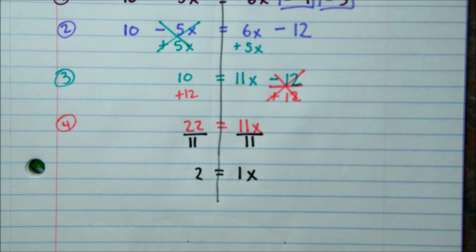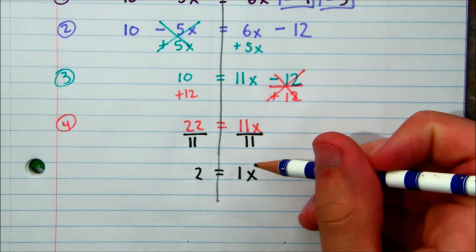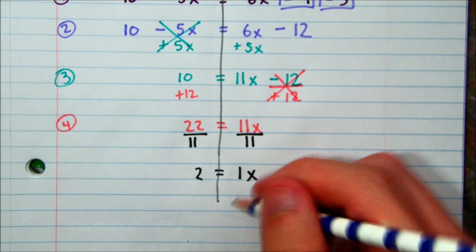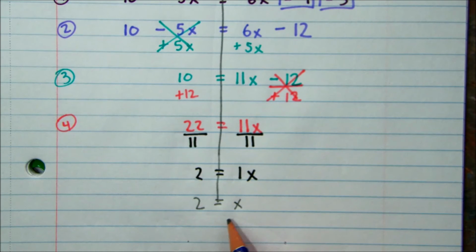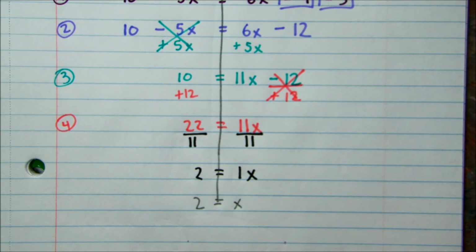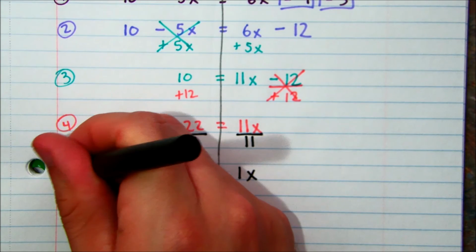Now this 1 isn't necessary to write. Like I said before, we have an understood 1. So I can just write it as x equals 2. And plus, if I wanted to divide by 1, it would never change. So we've used the foldable to solve it. We followed all 5 steps, and we got an answer of 2.